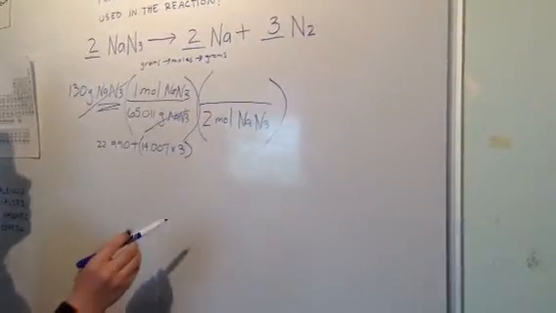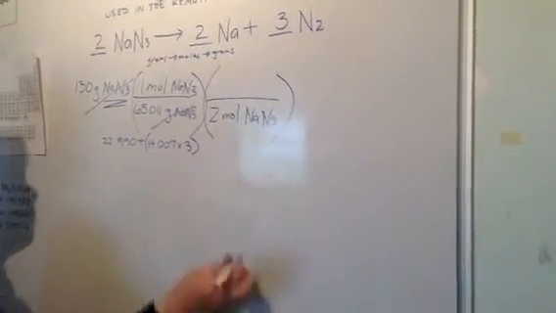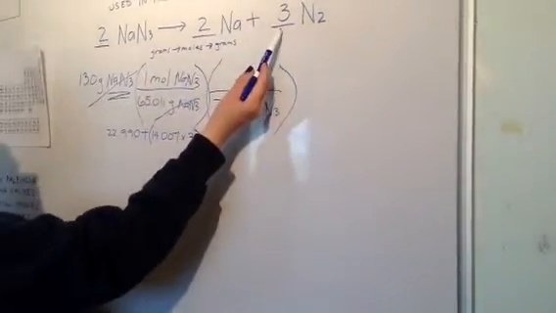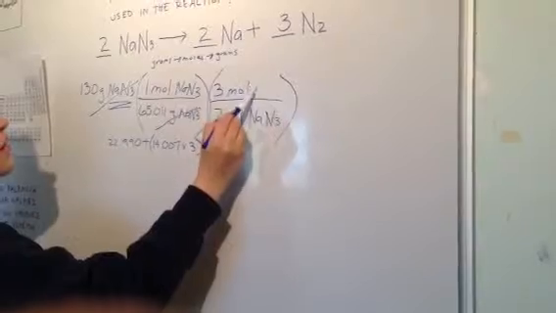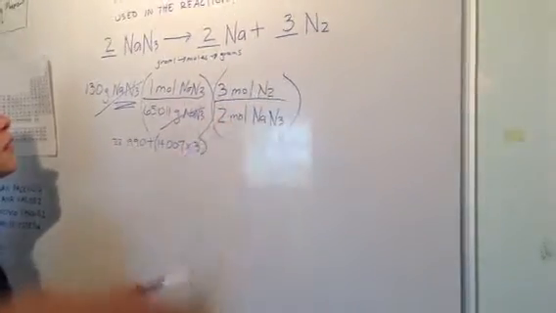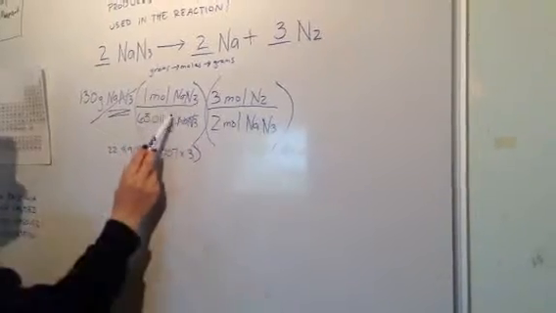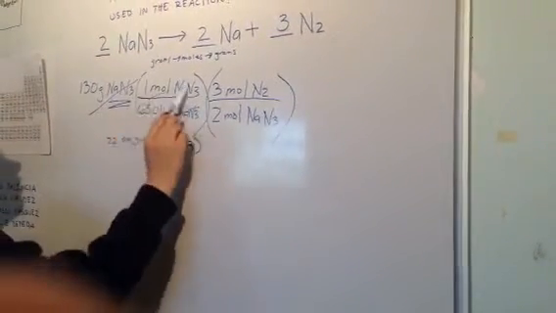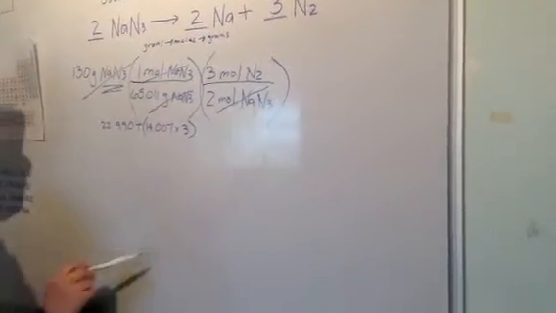And again, trying to make the transition from moles of NaN3 to moles of nitrogen, we'll reference our equation again, and we'll write 3 moles of N2. So the moles NaN3 from the first step and moles NaN3 from the second step will cancel out, and we are left with moles of N2.